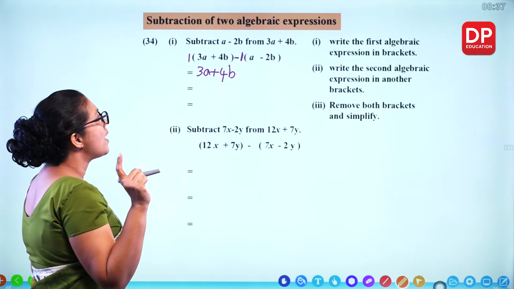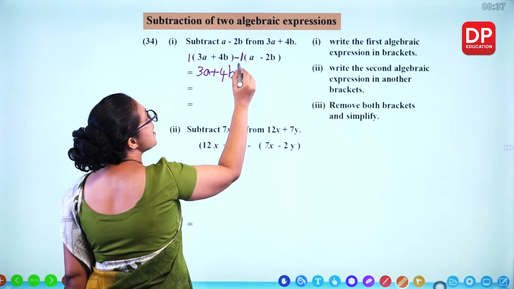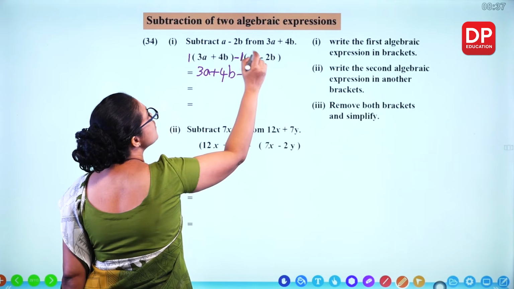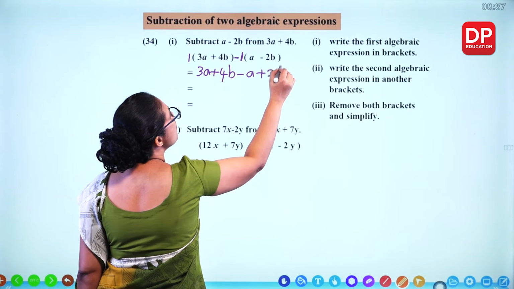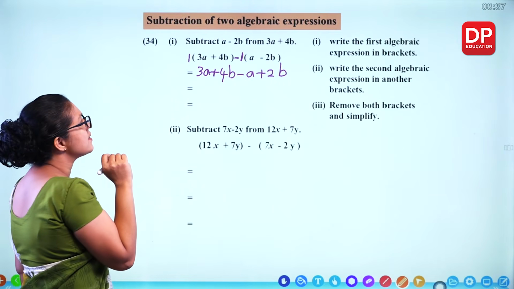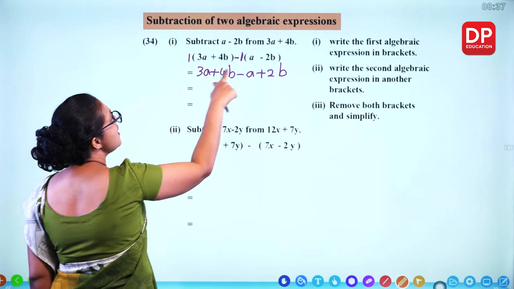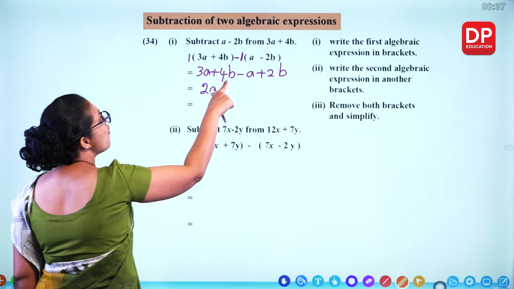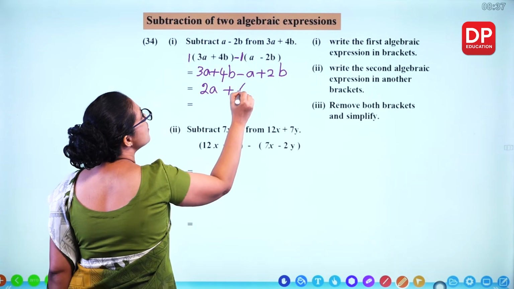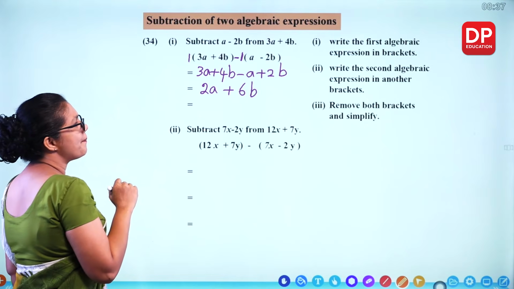Multiply by minus 1. Minus 1 times a, minus a. Minus 1 times minus 2b, you get plus 2b. Now like terms, add it. 3a and minus a, 2a. 4b plus 2b, you get 6b.